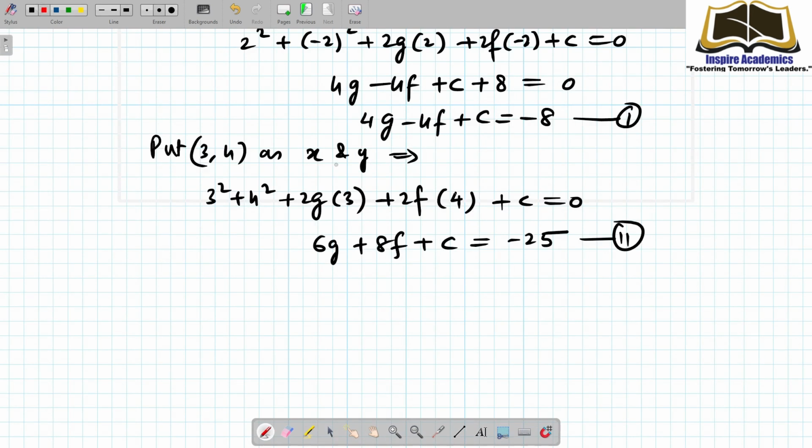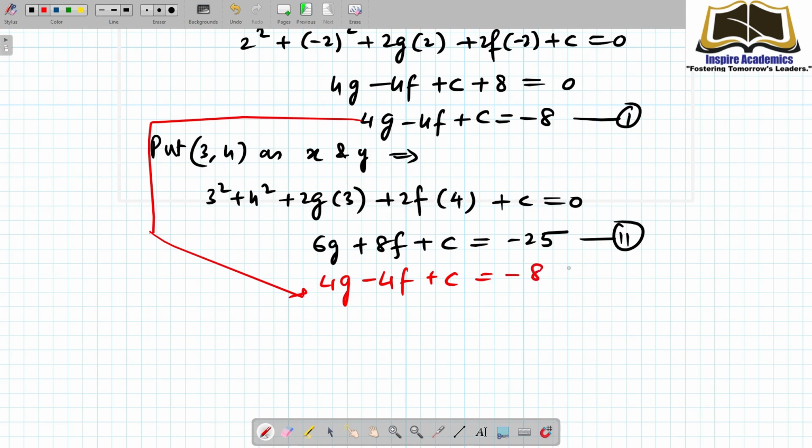So let us put this equation here, 4g minus 4f plus c equal to negative 8, and we subtract: minus, plus, minus. So what we can do is cancel c. What we shall get?